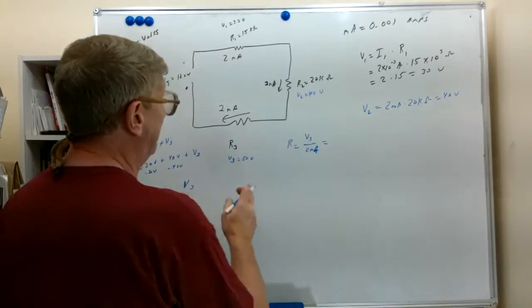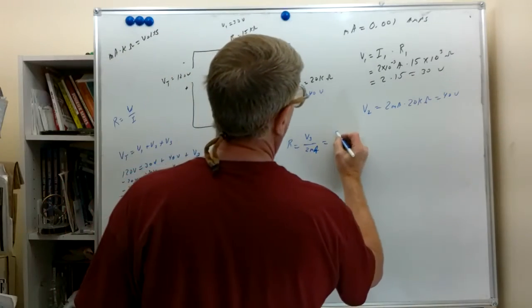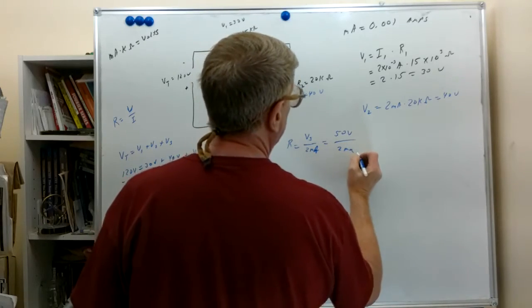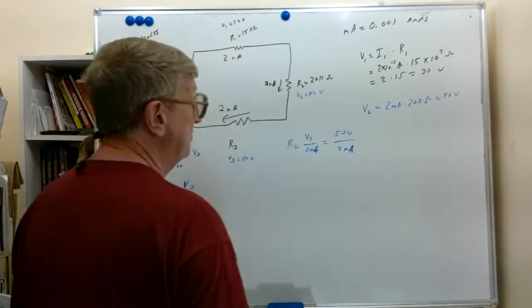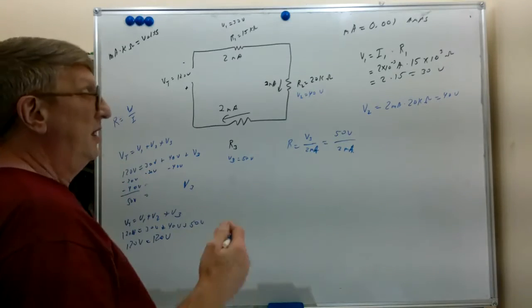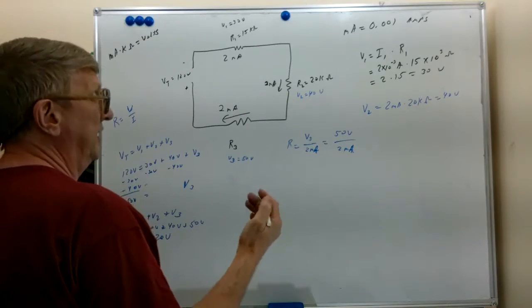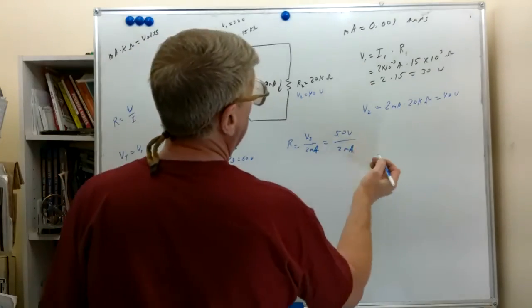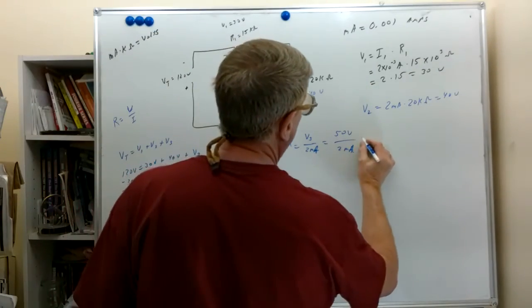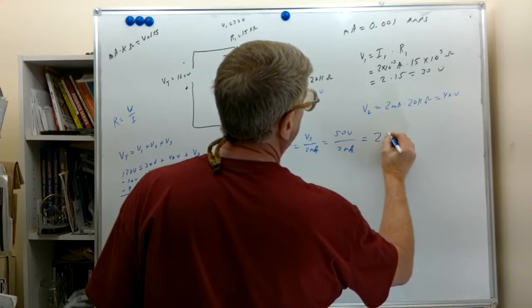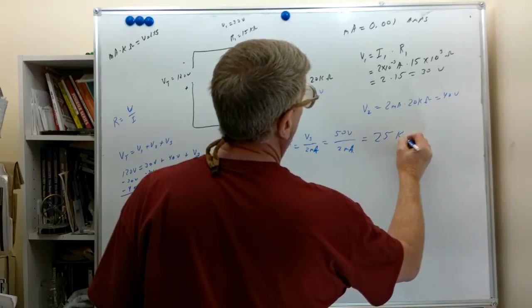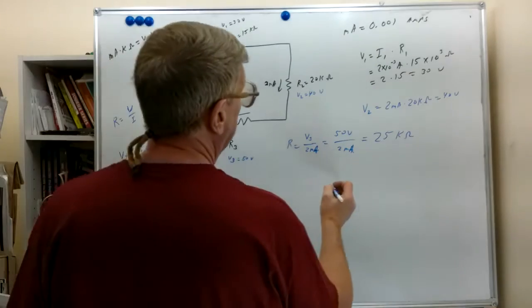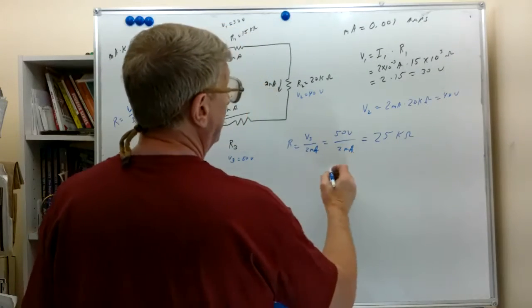So let's put V3 in there, 50 volts, and the 2 milliamps. And by the same token, when you have volts and milliamps, it'll come out in K ohms. So basically 50 divided by 2, 25 K ohms.